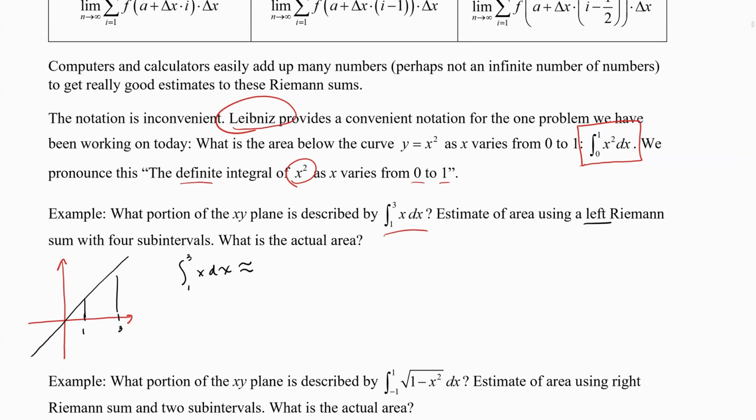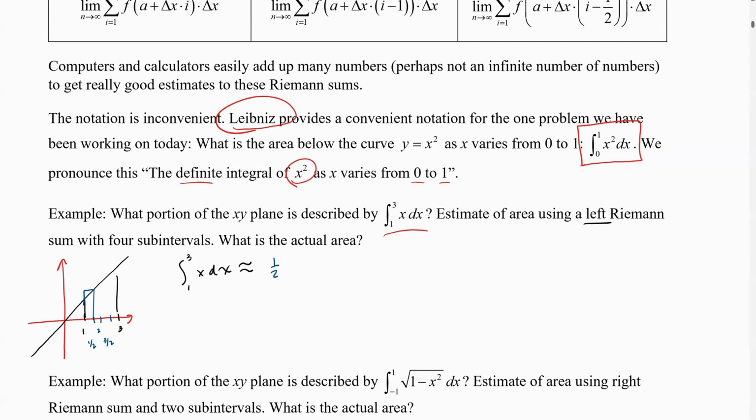Well, let's start by saying our first rectangle, or how we're doing 4 rectangles, so we're going to do 1, 3/2, 2, 5/2, and 3. The first rectangle, if I'm using the left Riemann sum, how wide?